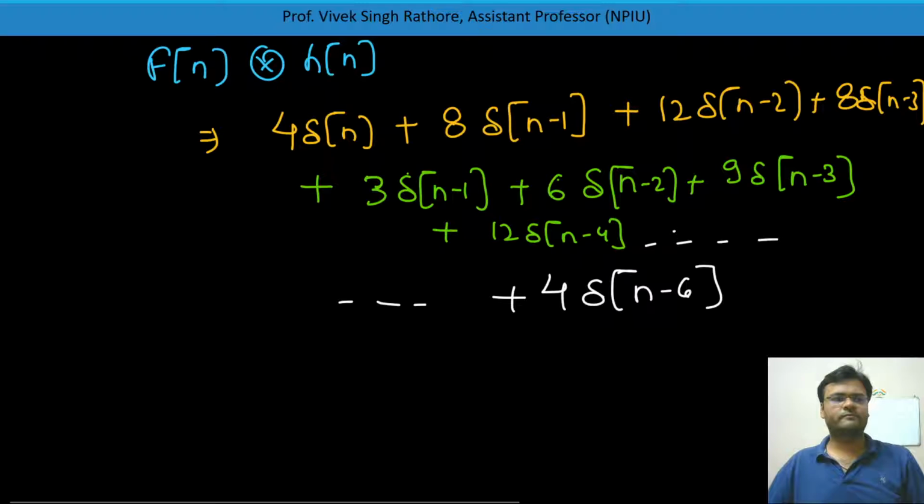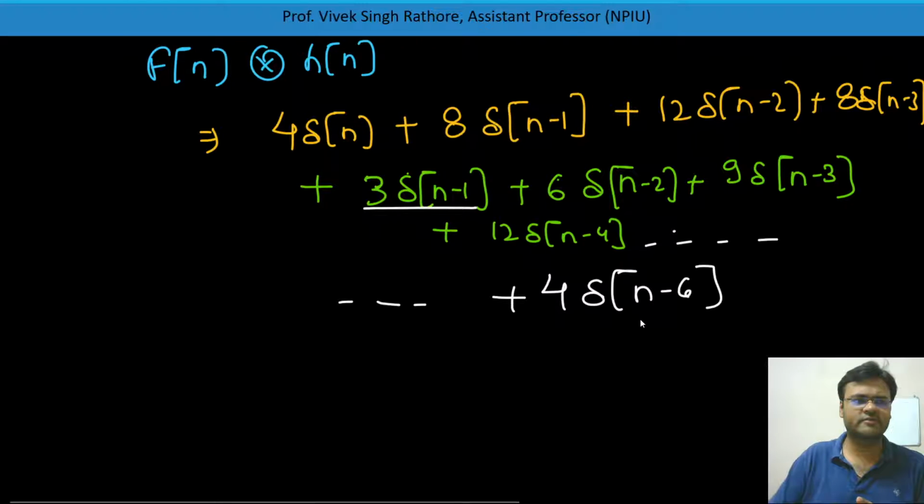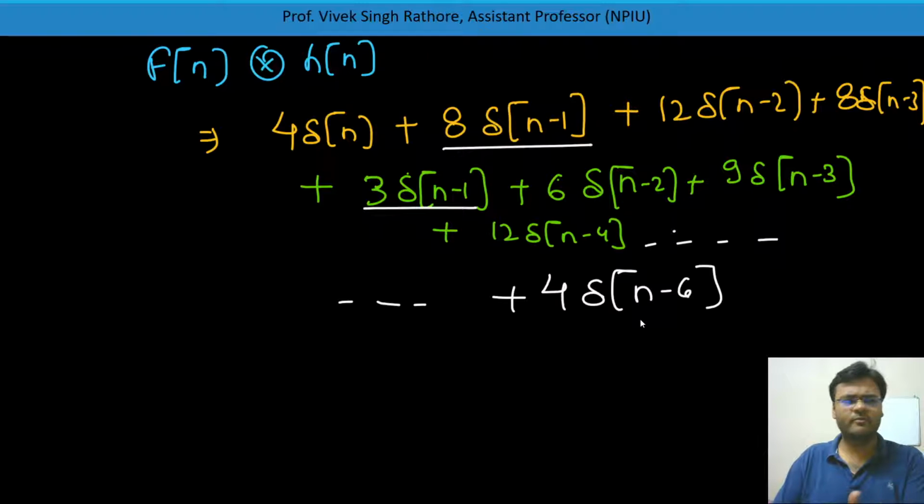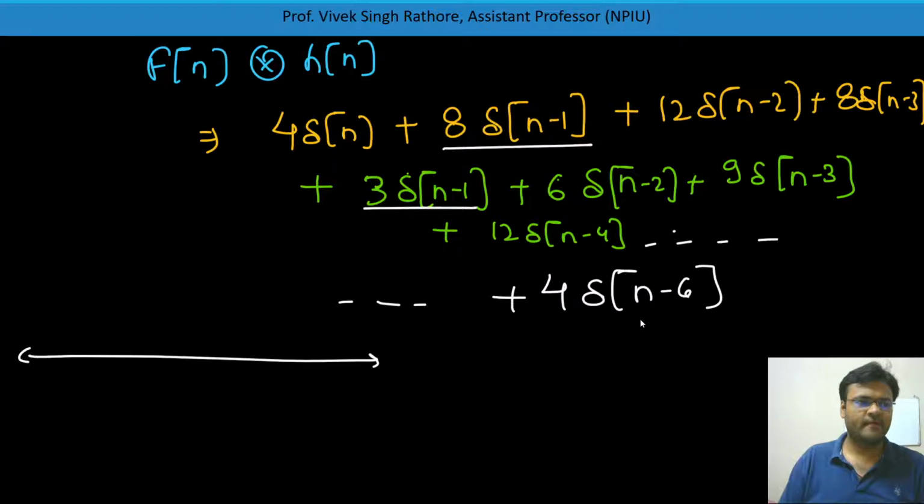Okay, so from delta n to delta n minus 6 values are there. Means see, output whatever may be, because delta n minus 1 will be added and so many terms will be there. So ultimately what will be the output, you can see from delta n is equal to 0, we will get some output. Let's suppose I think 4 delta n will come.